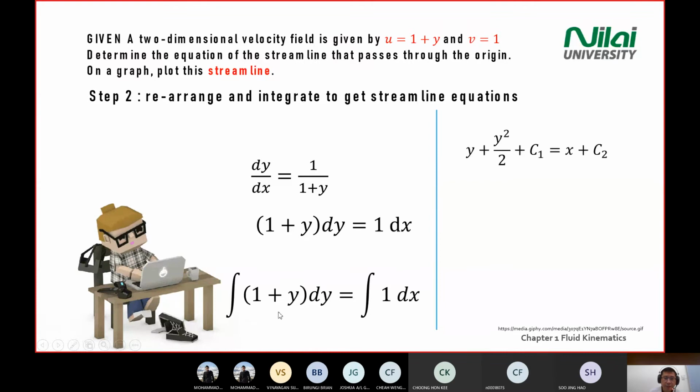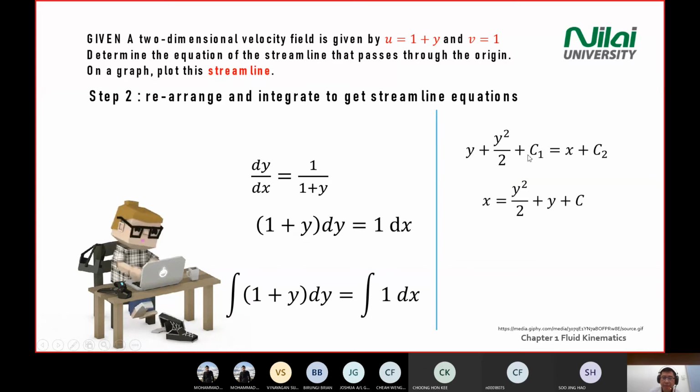If you integrate the left-hand side, integrating 1 plus y, you get y plus y squared divided by 2 plus constant value 1. And then on the right-hand side, you get x plus constant value number 2. Again, if you don't understand how to integrate, go and read up your calculus integration chapter.